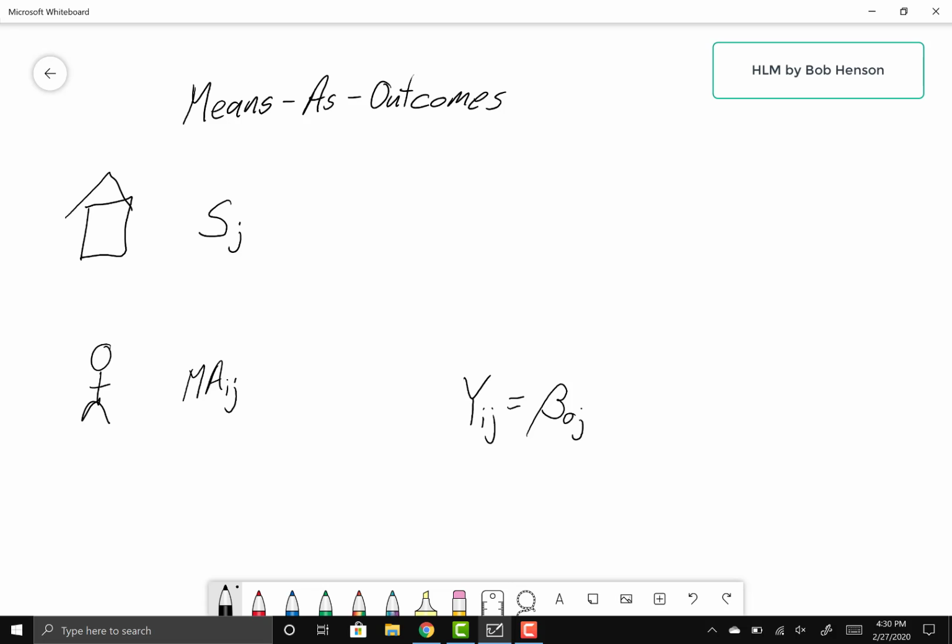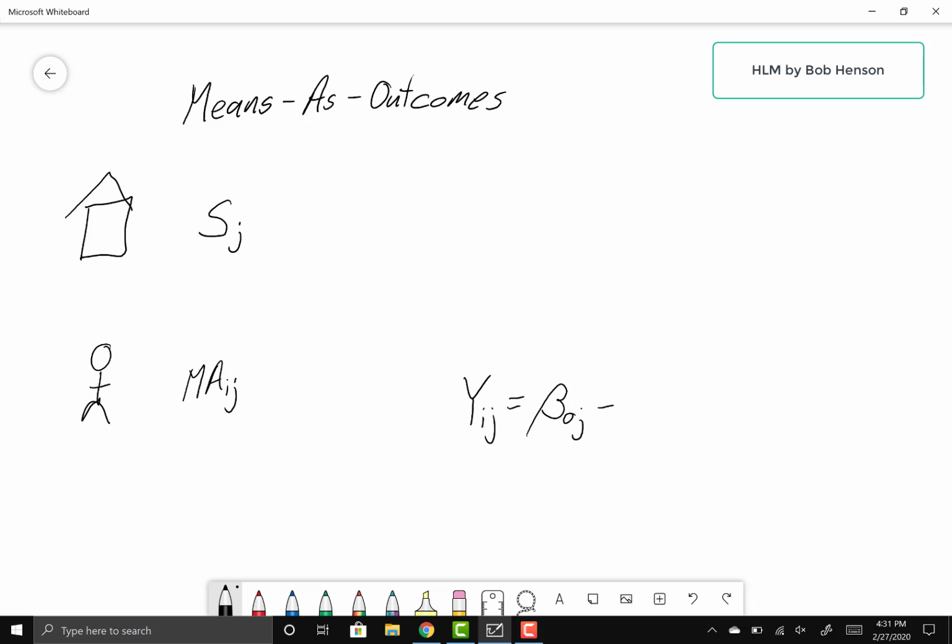So we're going to start with a beta 0j in a similar way to what we did with the random effects ANOVA. This is now modeling the average dependent variable for the jth school. In my example, math achievement for the ith student nested within the jth school is equal to the school average math achievement, which we're now calling beta 0j.